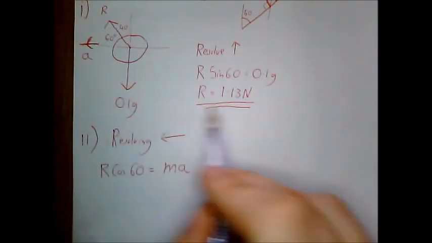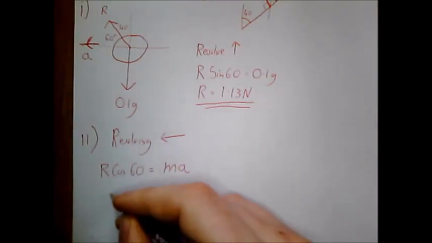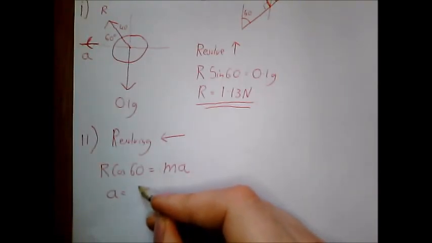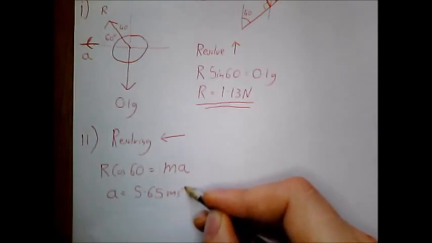Substituting in our value of R and our value of m, 0.1, we have an acceleration value of 5.65 meters per second per second.